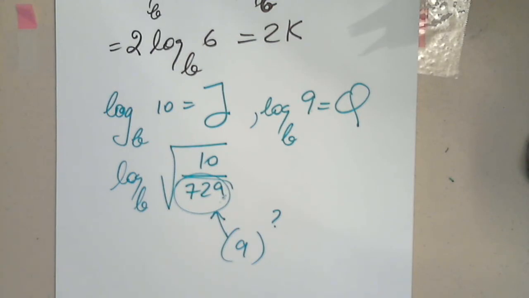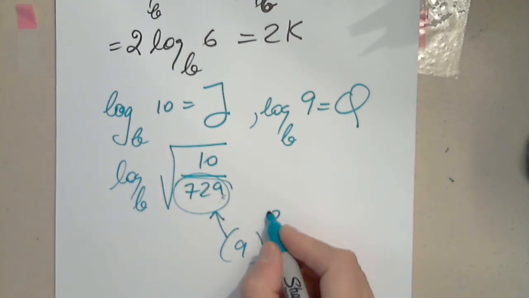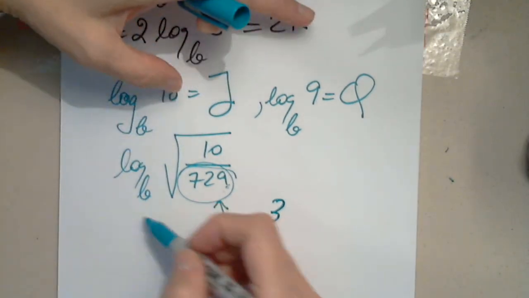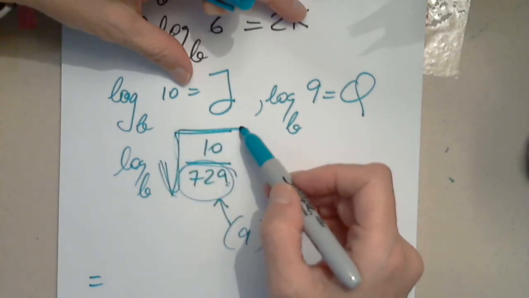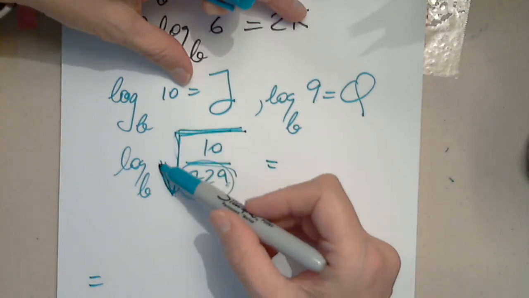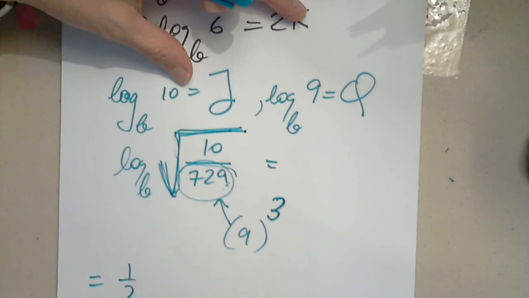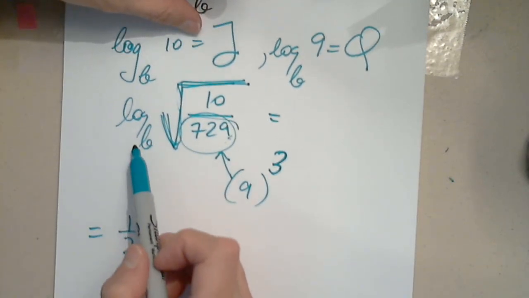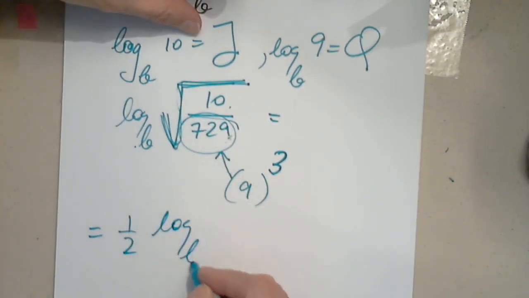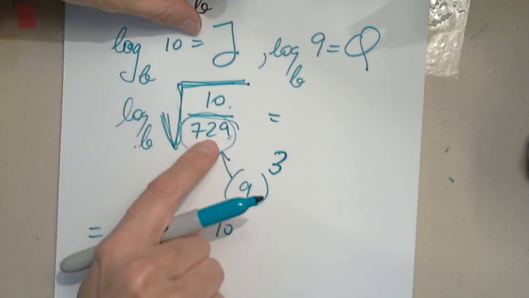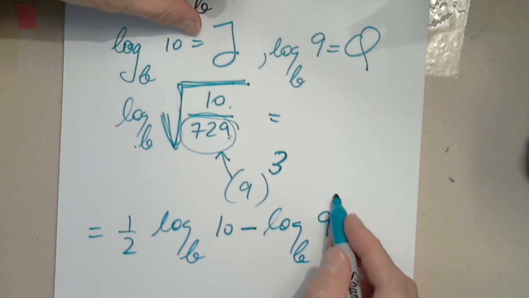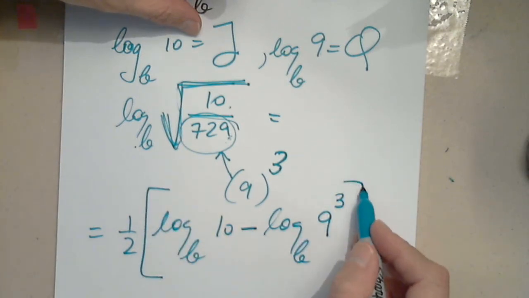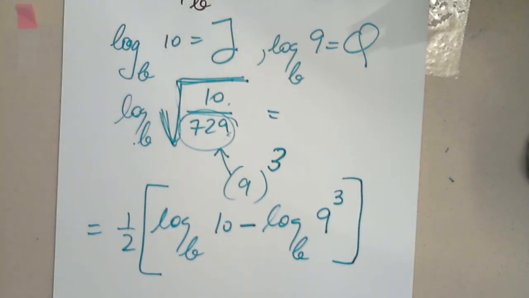It's 9 to the 3rd power. Very good. Indeed, it's 9 to the 3rd power. And now let's work on this. We know that this is what power? 1/2. Very good. So 1/2 goes outside. And then we have log base b of 10, and then minus, because it's in the denominator, log base b of 9 to the 3rd power. Don't forget brackets or parentheses, because 1/2 has to be further distributed to both.